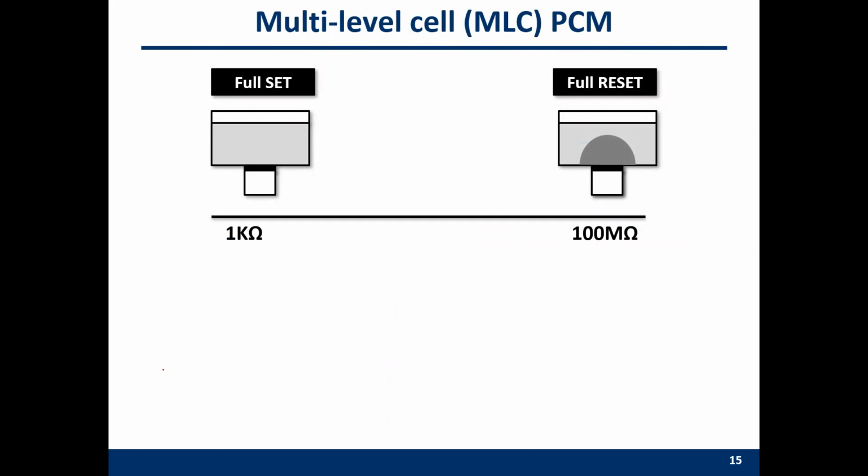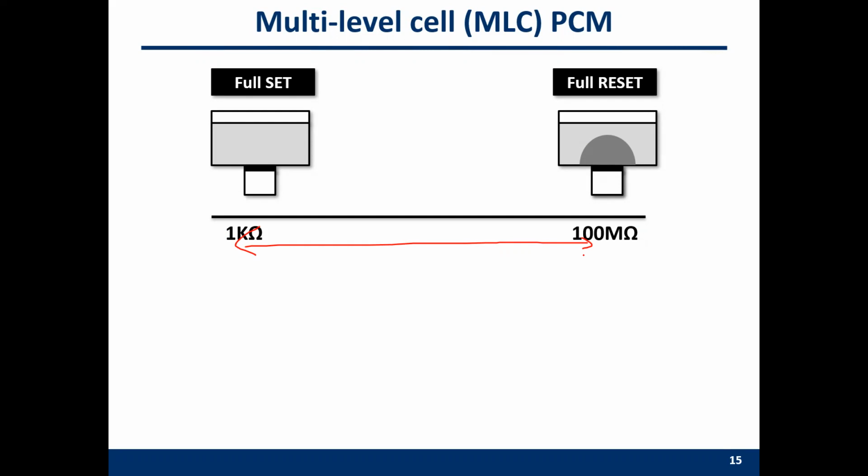The lowest resistance is 1K ohm. The highest resistance is 100 million ohm. There is a huge difference between these two. In the DRAM, the sense amplifier needs to detect the difference between several charges. But for the PCM, it's very easy for the sense amplifier to sense the large resistance difference.